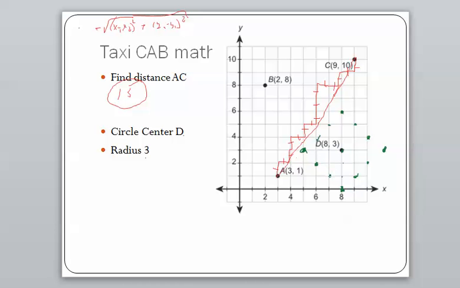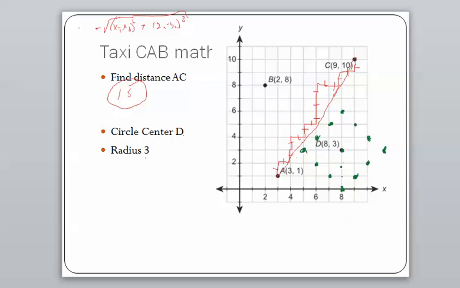They're not connected to each other, like you do see in a normal circle. But these are all the points that are equal distance from point D. As a matter of fact, they're all 3 units away from point D there. And that would be the circle that you would get around point D that's 3 units.